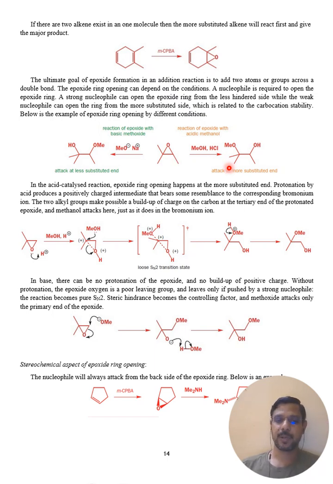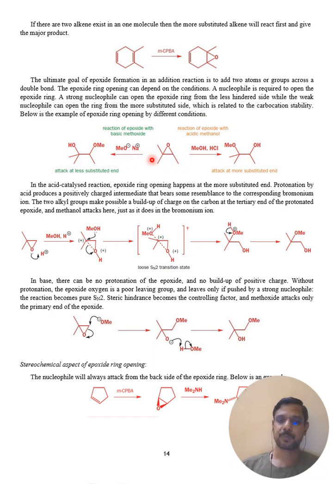By adding the nucleophile, the epoxide ring opening depends on the conditions. For example, the nucleophile is the same, methoxy, but you have different kinds of conditions. One is methanol in acidic condition, and the other is the nucleophile in base condition, that is sodium methoxide, which is in the base form, right?